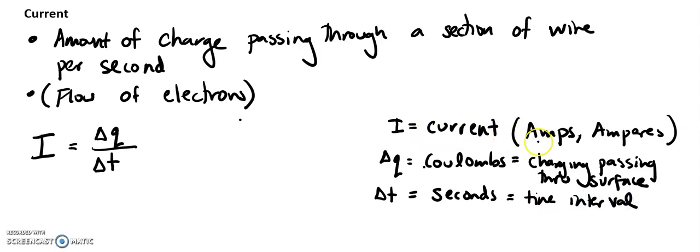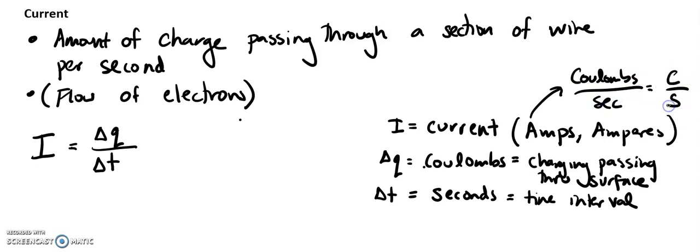So we know current can be measured in amperes. What else can it be measured in? Well, current is charge per time, so it can also be measured in coulombs per second, or C per S.